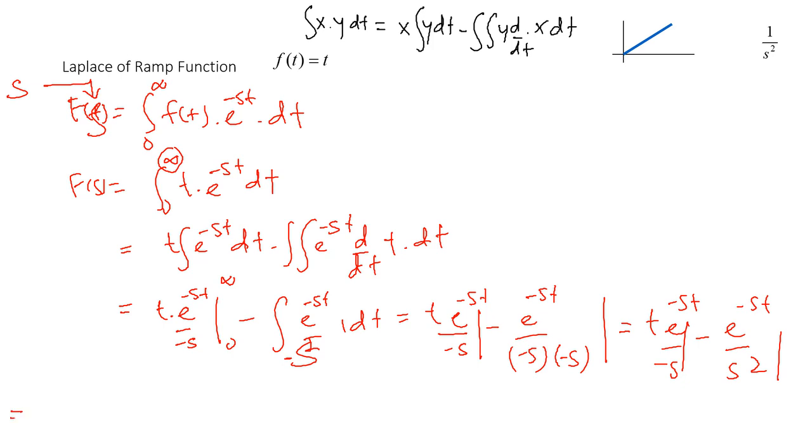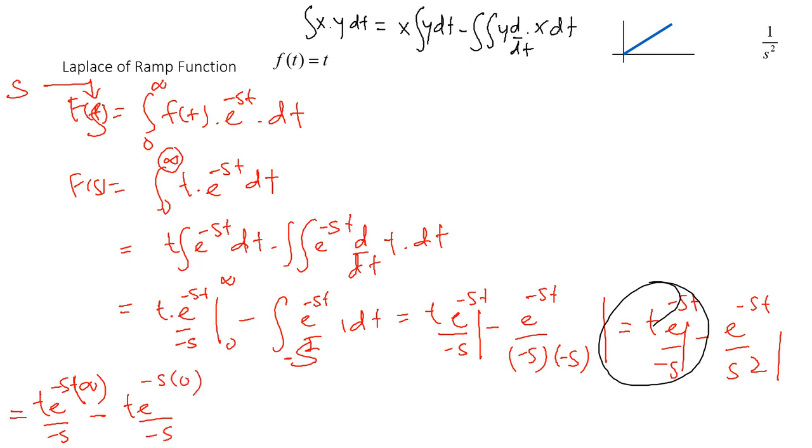So let's start from this corner so that we can solve it till the end. So this would become t e power minus st divided by minus s. Here we will put t equal to infinity for this first part, so we will put infinity and then minus t e power minus s into 0 divided by minus s. And now for the second part, we have plus, and write these minuses inside these brackets.